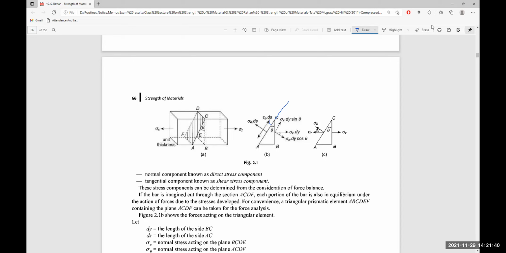This angle will be 45 plus 180, which means 225. At the same time, in this direction the angle is 135 degrees. So in the clockwise direction it is 225 degrees, and in the anti-clockwise direction it is 135 degrees.